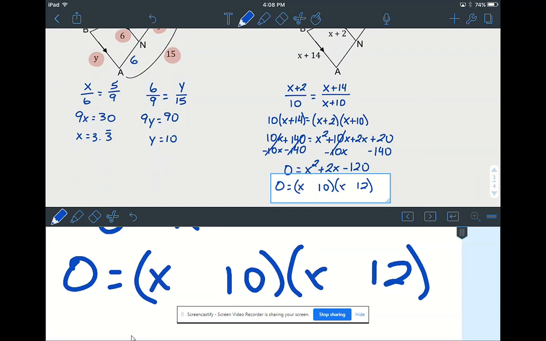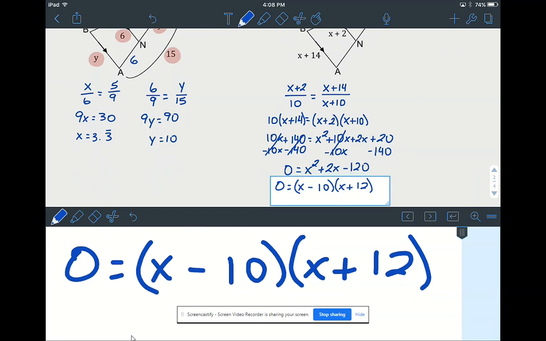Now you just need to figure out the proper plus and minus sign. We want a positive 2, so we want our bigger factor to be positive. So I'm going to put the plus with the 12, minus with the 10. If we multiply negative 10 times positive 12, we get negative 120. If we add negative 10 plus 12, that gives us positive 2.